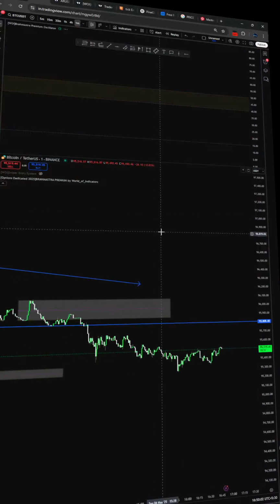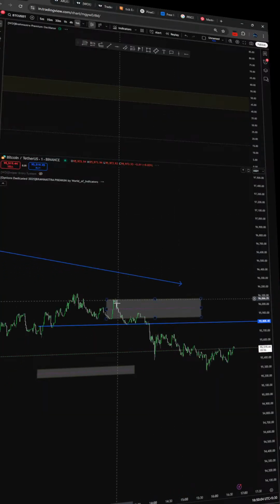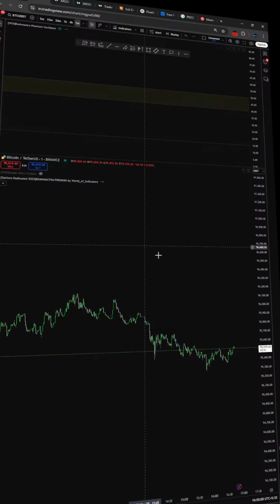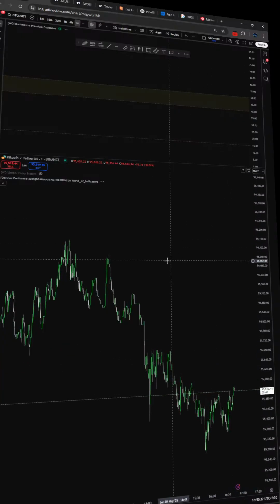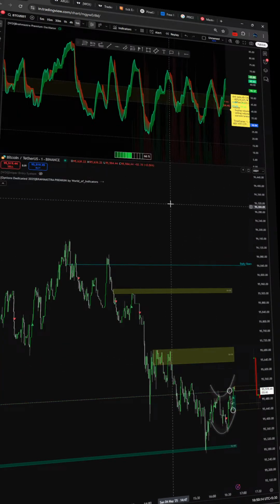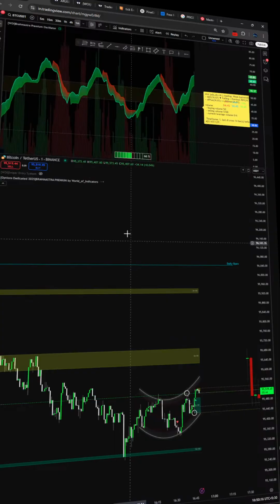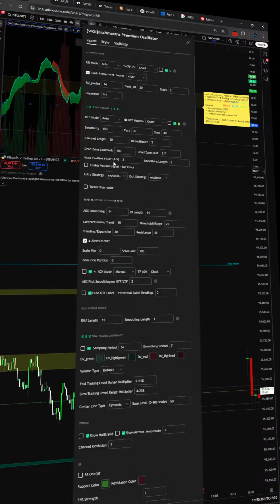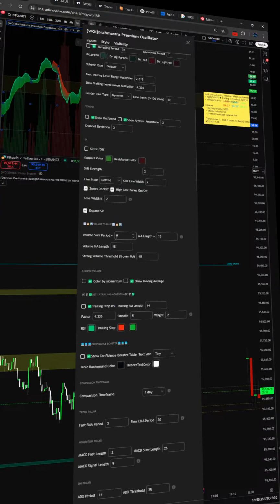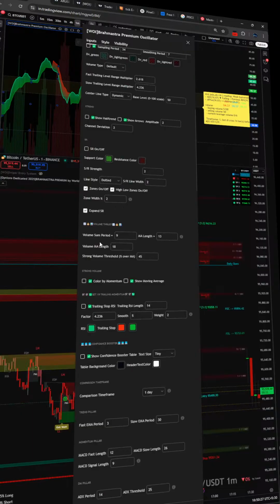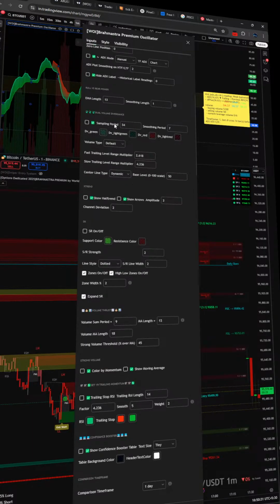Let's see what happens. I think remove these drawings. Let's go on the 1 minute time frame and plan accordingly for what's happening here. Side by side I'm explaining everything to you.